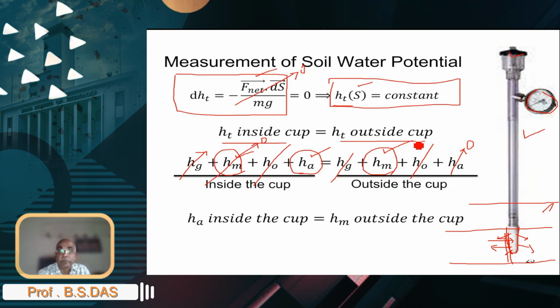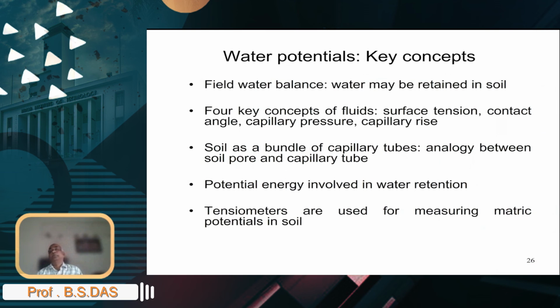So, to summarize, what we have done in this class is we discussed this field water balance and how water is retained because of the different forces, at least the long range ones, the capillarity and the osmotic component. The deep percolation is basically because gravity pulls the water down. We also discussed four interesting principles borrowed from basic fluids: surface tension, contact angle, capillary pressure, and capillary rise.